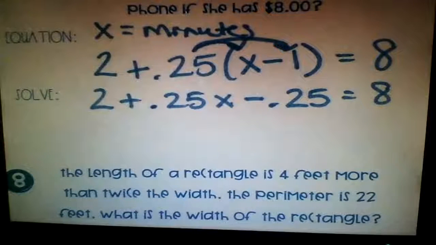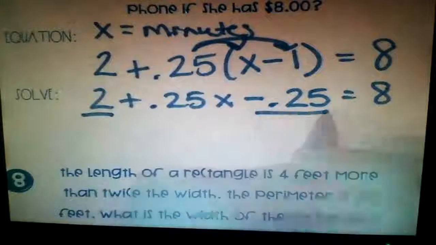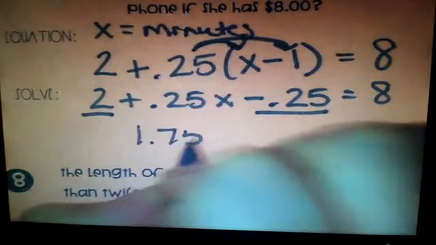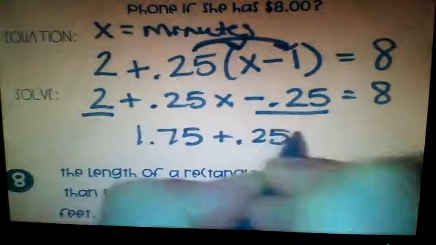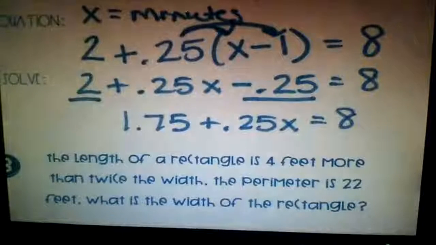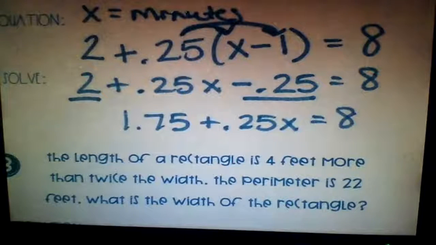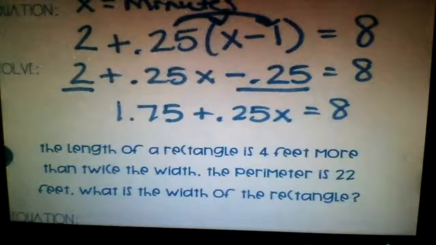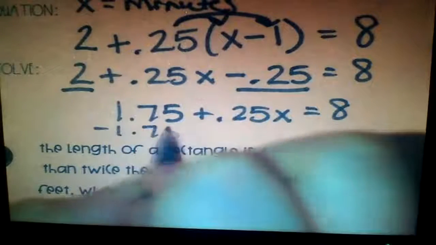Now what should I technically do next? Combine like terms. Okay, so I started with $2 and I'm taking away 25 cents. So what do I have? $1.75. So now what? Subtract 1.75.